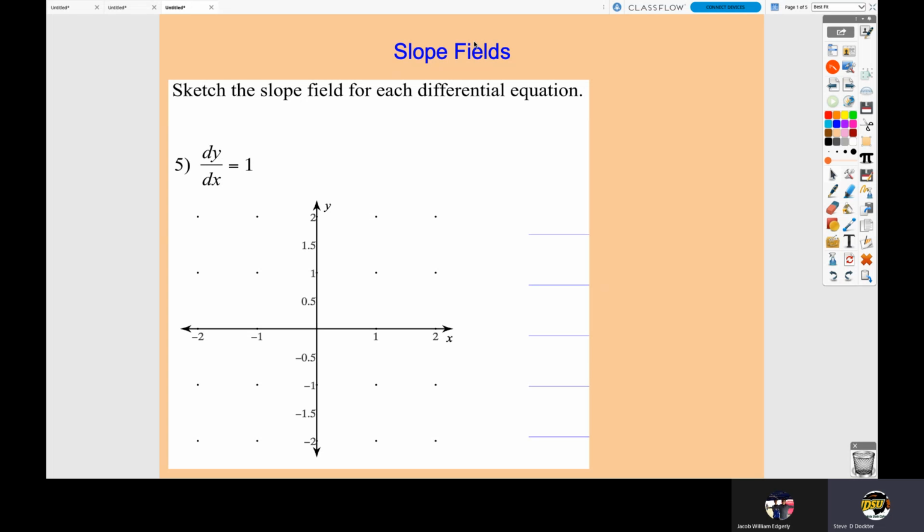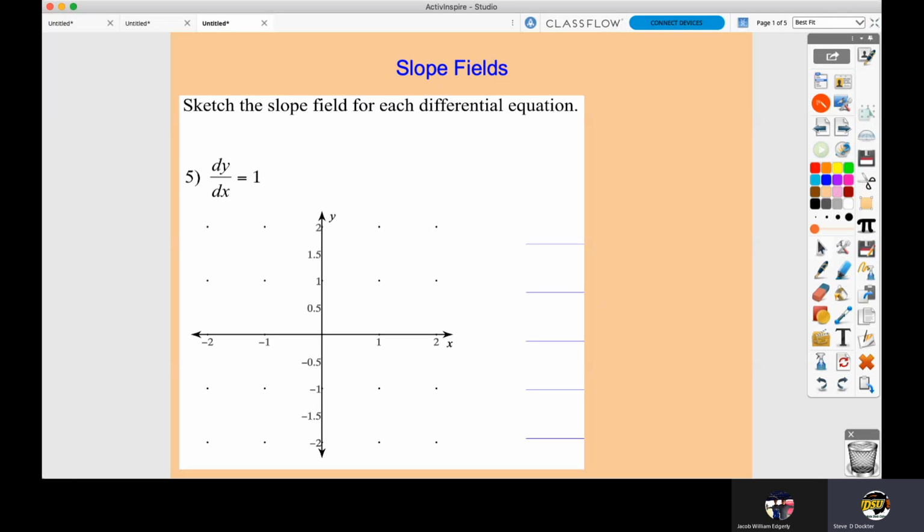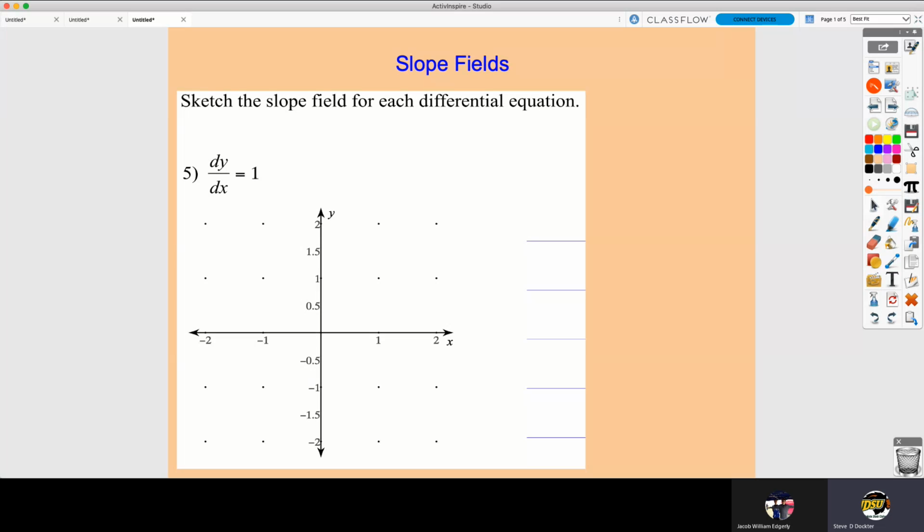All right, so what we're going to talk about today is what's called slope fields. As you copy this down, we're going to talk about what a slope field is in just a second.